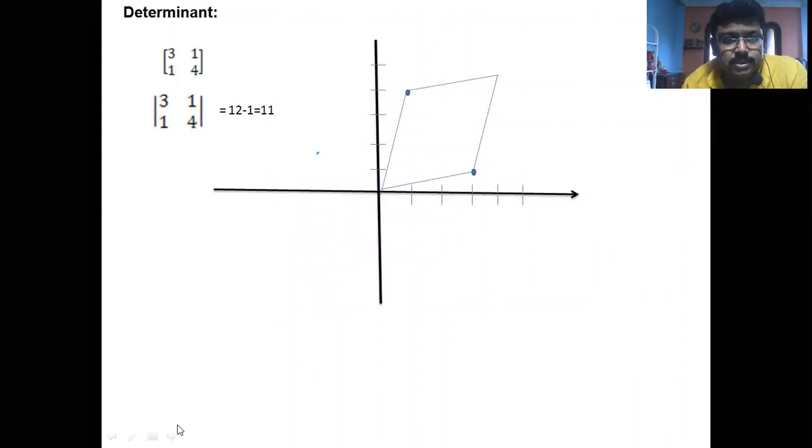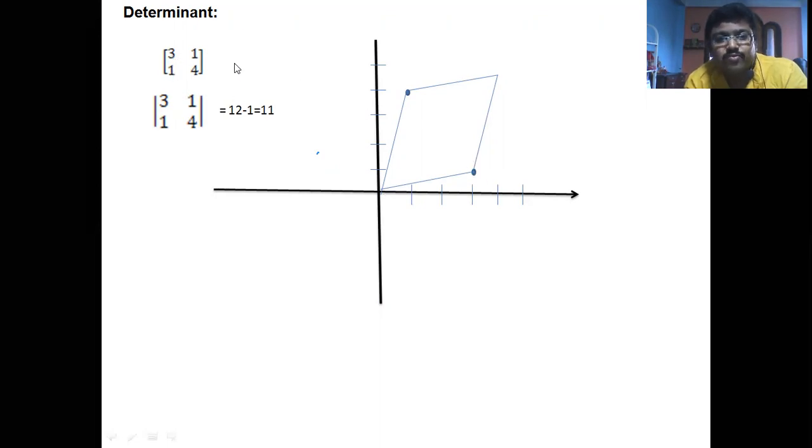Now look. This is another picture where we can find out the determinant, and this is the matrix. Suppose this is matrix B, and the determinant of this matrix is 3 multiplied with 4 minus 1 multiplied with 1, so 11. So now we put the values of the matrix in this two-dimensional space. Along the x-axis we measure 3, 1, 2, 3, and this is 1, so this point.